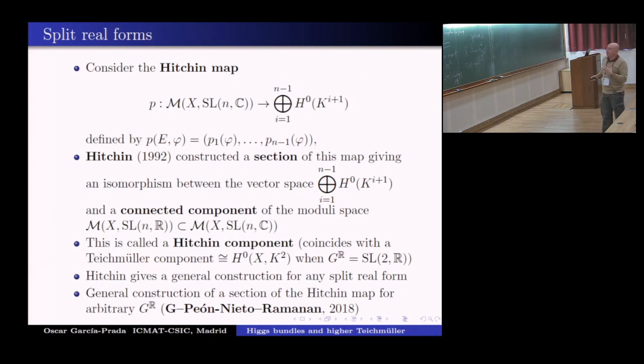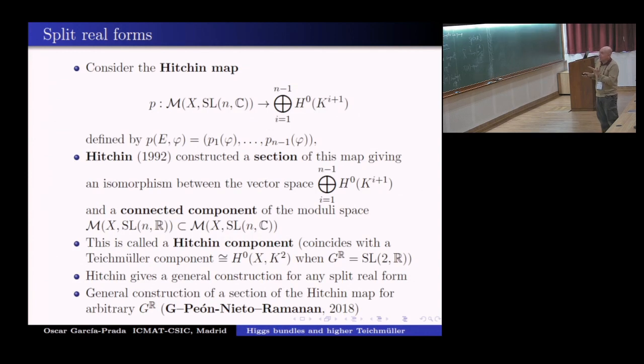And in particular, by doing that, you don't need to go to the moduli space for the complex group, but directly work with the Hitchin map for the real group, and you get the section also, and that is a component of the moduli space for the real group. Anyway, so this is how Hitchin constructed his components as sections.